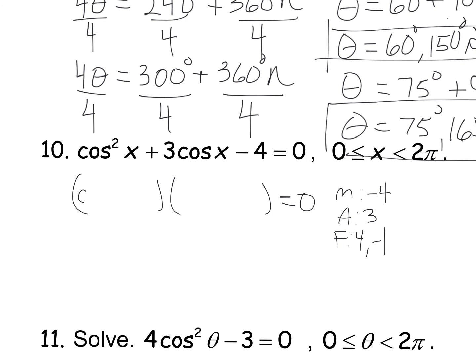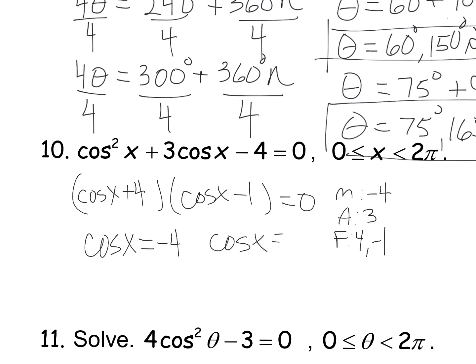So we go ahead and throw those in, and our variable, instead of it just being x or a, it's cosine x. So we have cosine x plus 4, cosine x minus 1. If I set both those equal to 0, I get cosine x equals -4, and then I get cosine x equals 1. Cosine x ranges from 1 to -1, so that's an extraneous solution.